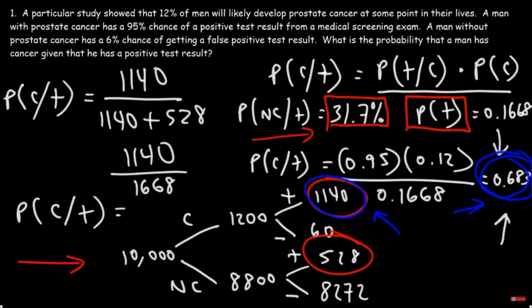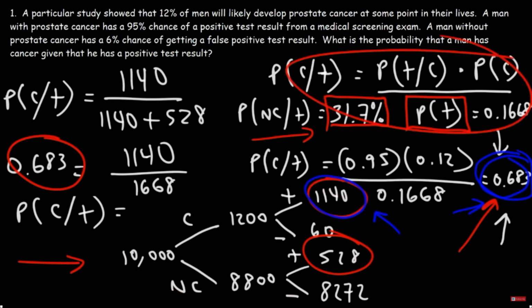So 1140 divided by 1668 gives us 0.683. So we can see why the answer is the same. There's a 68.3% chance that the person will have cancer given that they have a positive test result. So now you see two ways in which you can get the answer. Using a tree diagram or using the formula associated with Bayes' theorem.